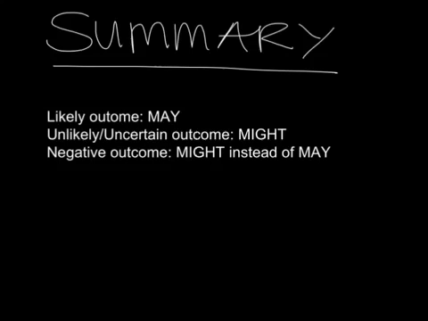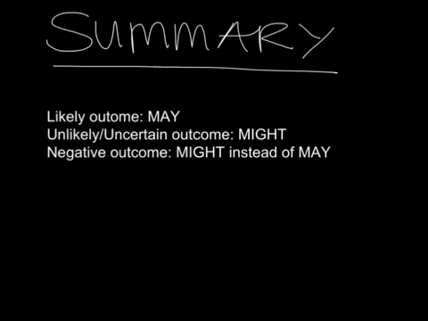This is just a summary of what we've said. We use may when the outcome is more likely than might, basically. So if you know that something is probable, you use the word may. When the outcome is uncertain or even unlikely, you would have to use might.